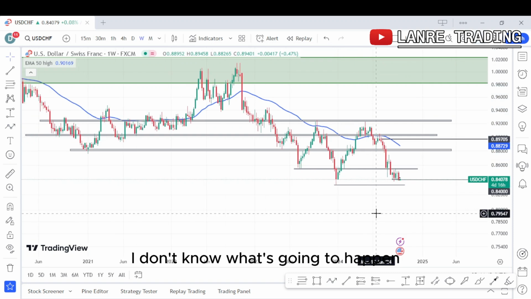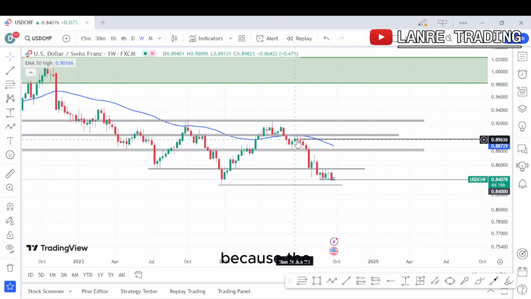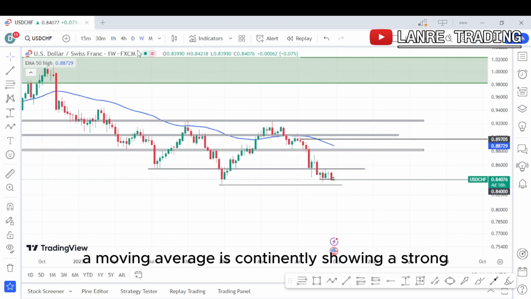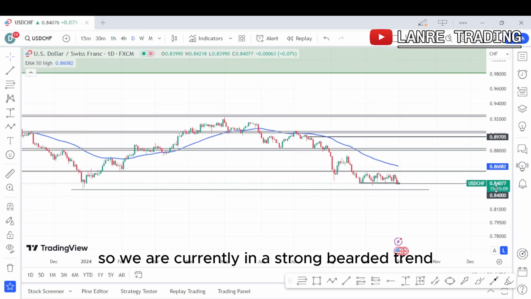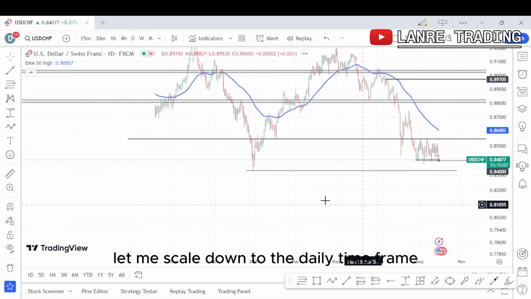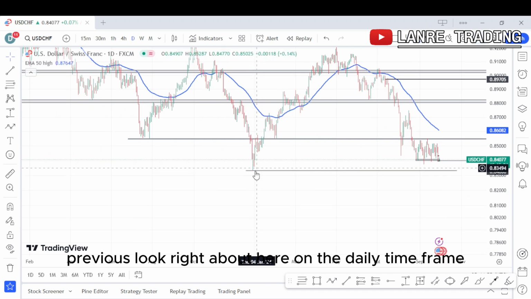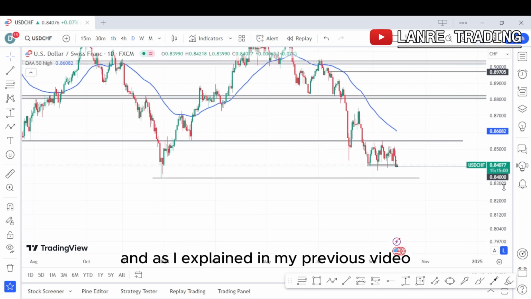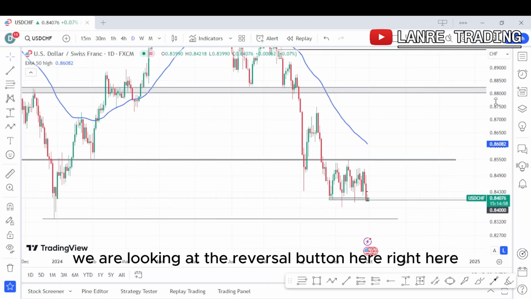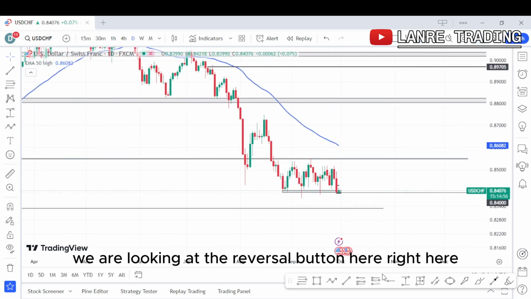Currently, I don't know what wants to happen, because the moving average is showing a strong bearish trend. Let me scale down to the daily time frame. This is the previous low right about here on the daily time frame, and as I explained in my previous video, we are looking at the reversal pattern here.